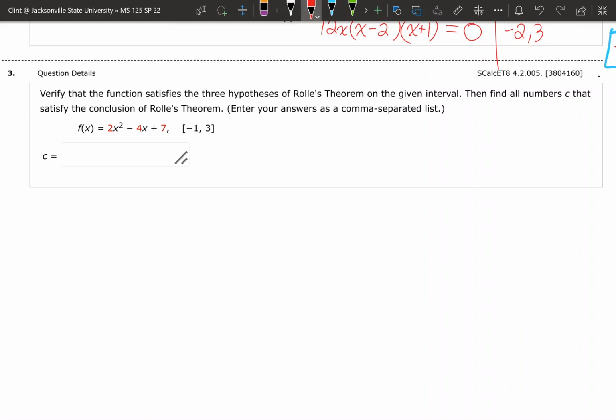So we need f of -1 and f of 3. If we check those, that'll be 2. But did they come out that they equal 0 or did they equal each other?